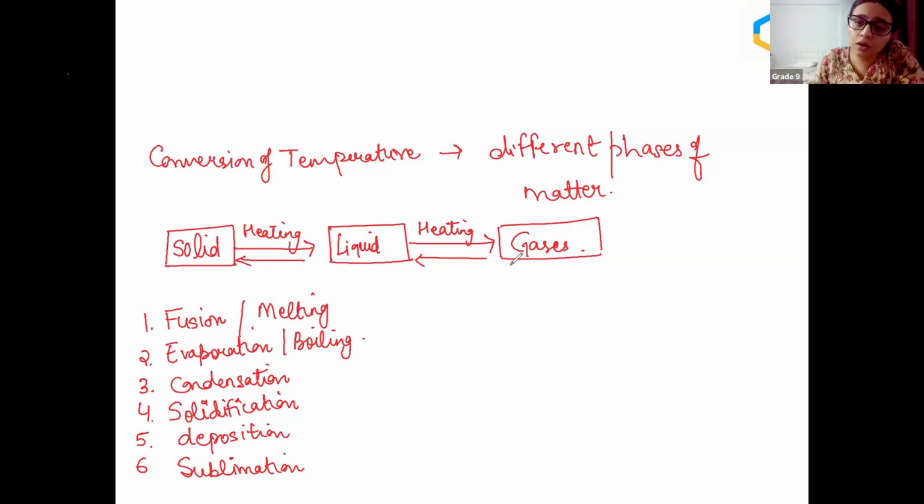Now, when we convert the gas to liquid, do we need heating or what do we need? Which factor is responsible to convert gas to liquid, students? Anyone? Do we heat the gas to convert it to liquid or we will cool it?